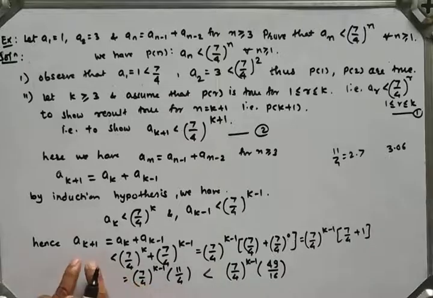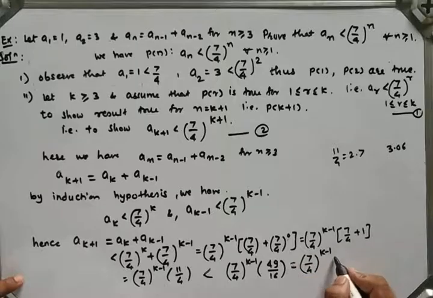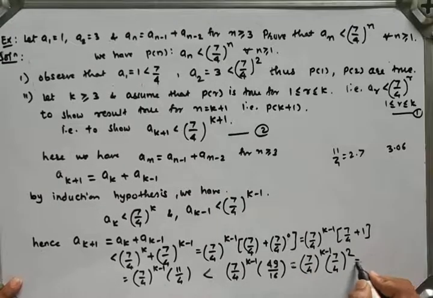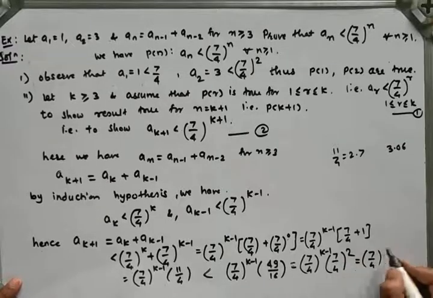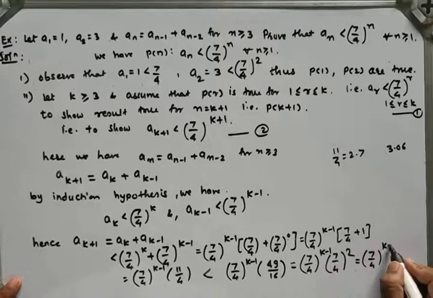So this value is less than this. Directly, what will I write? This value is nothing but 7 by 4 raised to k minus 1, and the other value is nothing but 7 by 4 raised to 2, right? So I get 7 by 4 raised to, since the base is the same, addition of indices, k minus 1 plus 2.